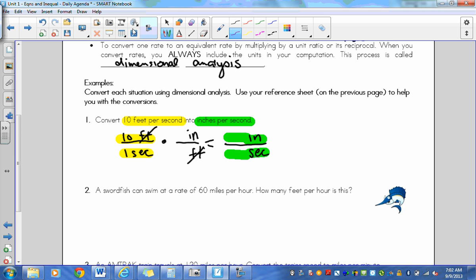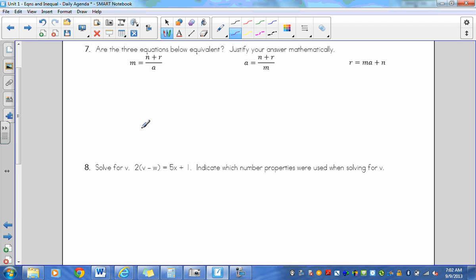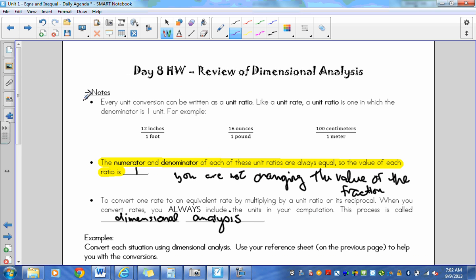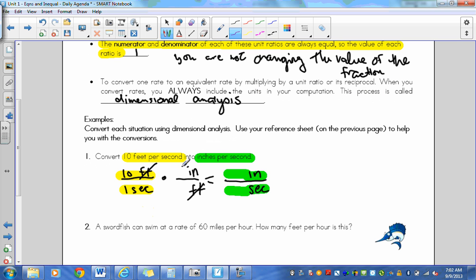Inches and feet. What rule do I know? If I look at my reference sheet here, inches and feet is not on here. It is one that you are supposed to know. 12 inches is 1 foot. And so I fill that in, and I get 10 times 12 on the top, which is 120 inches, and 1 times 1 on the bottom, per 1 second.